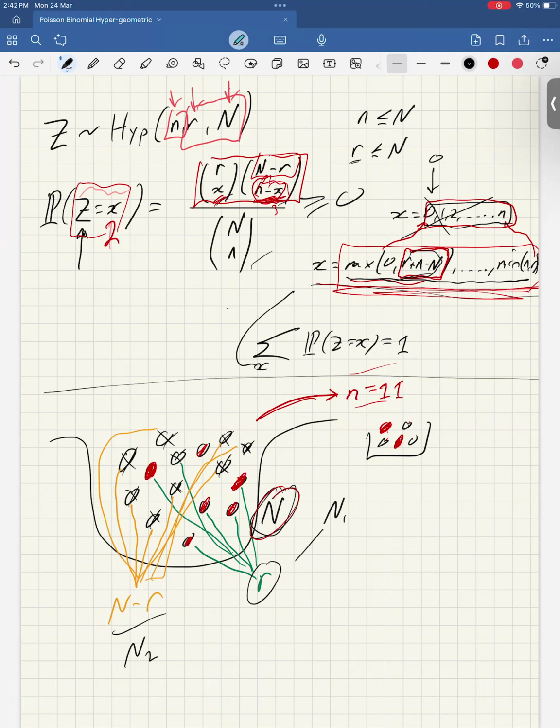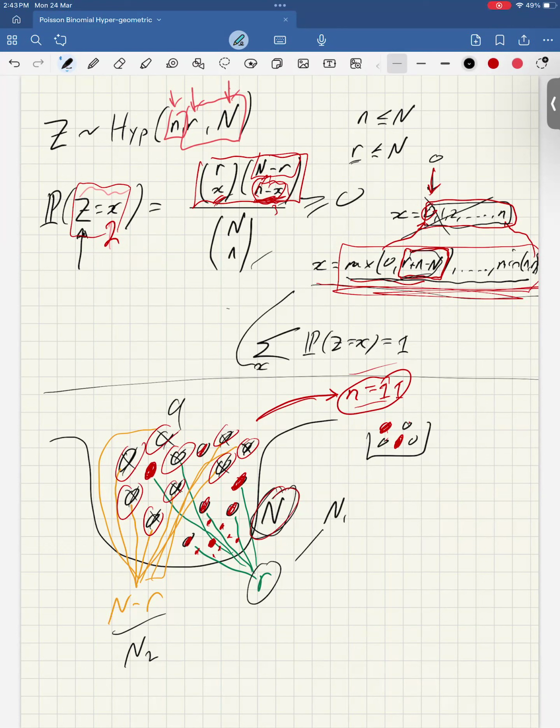Well, you could say it has to do with how many good elements we have, right? If we had many good elements, you might think, well, yeah, we will be able to attain 0 successes. But no, 0 successes means that your whole sample of 11 was given by bad samples, and you can only get 9 of them.